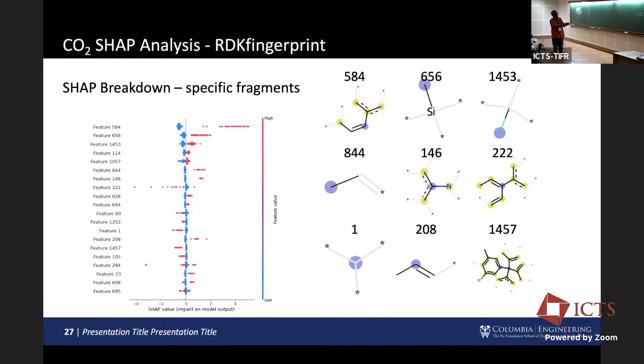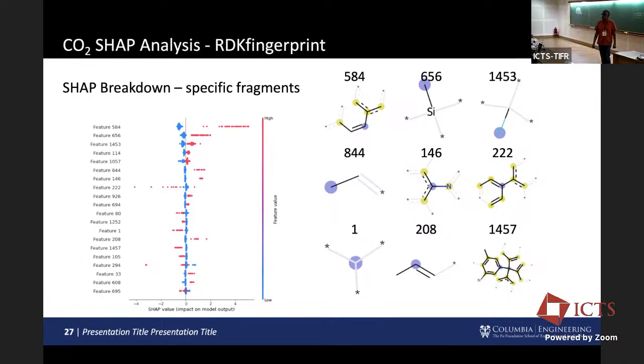So 584, which is this structure with that double bond, this methodology is telling you has the biggest favorable effect on permeability. All right? And so on and so forth. You can walk through feature by feature, and this is one way of starting to figure out what's going on. Okay? Everybody satisfied?